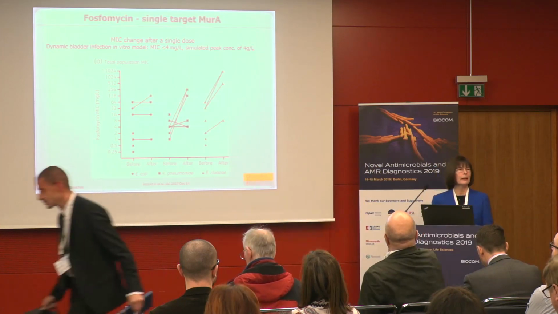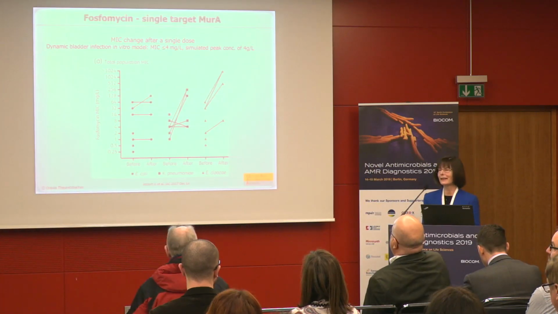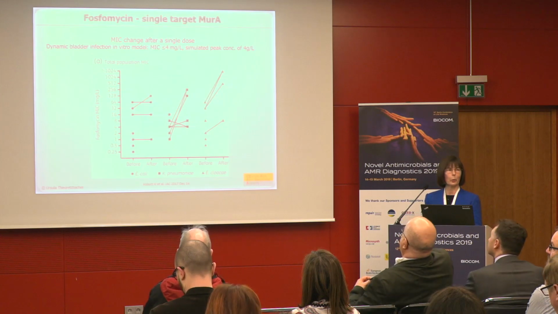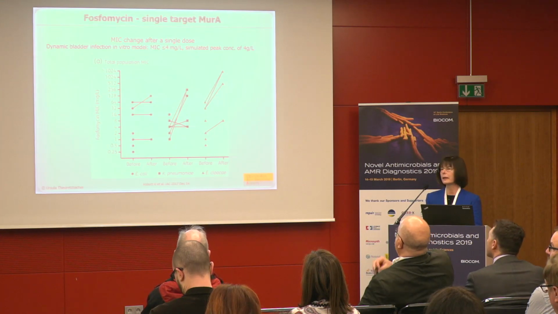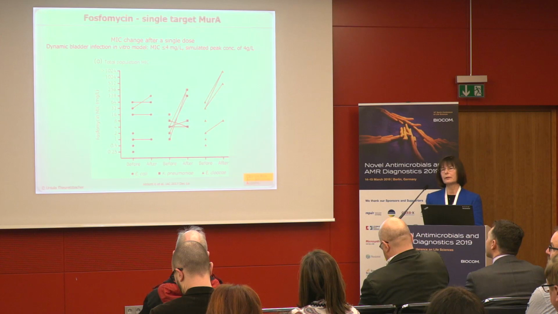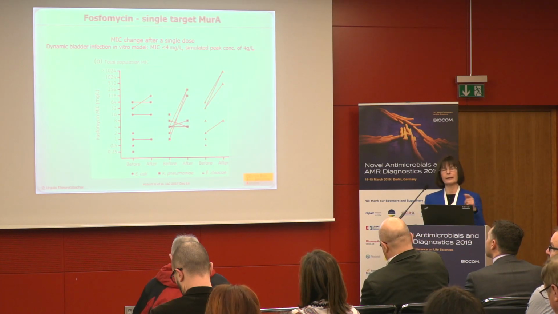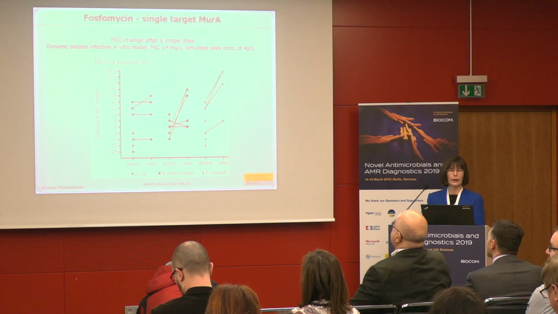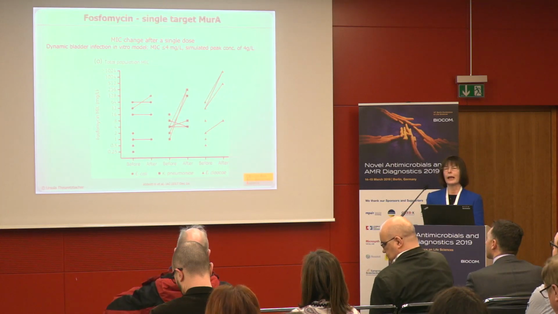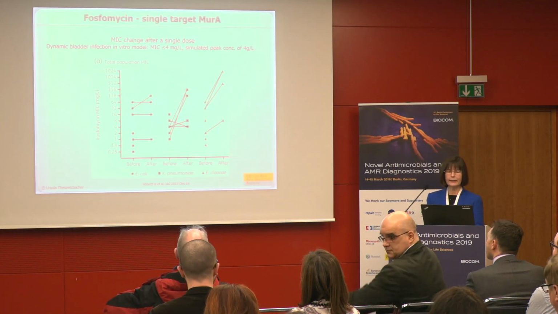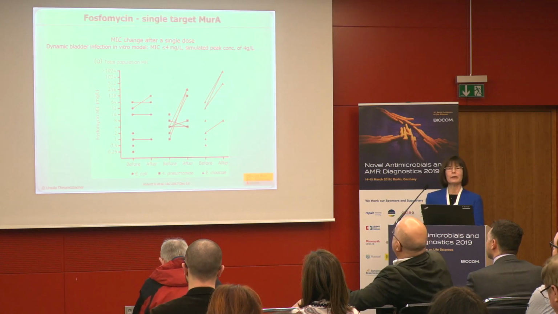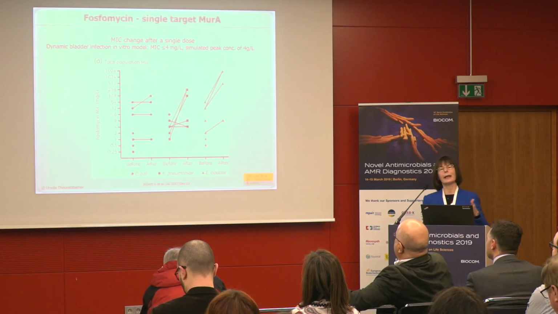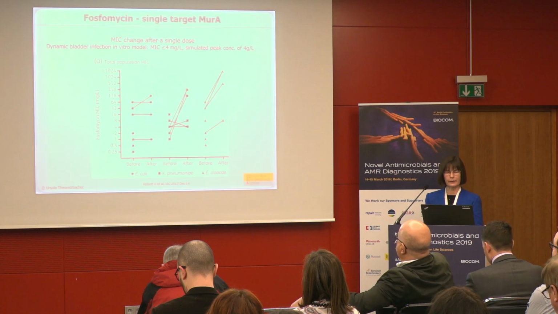An example now for fosfomycin, that's an old drug and very well characterized, and we are using it usually for severe infections only in combinations, but this here is the example of the oral version, and it was studied in a dynamic bladder infection in vitro model that simulated pharmacokinetics in humans.